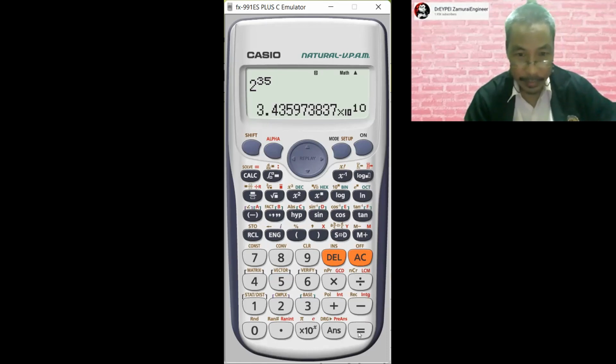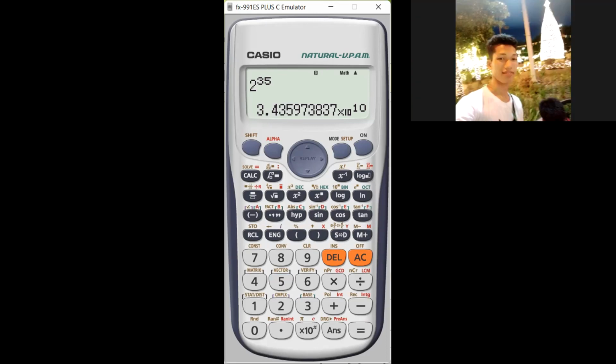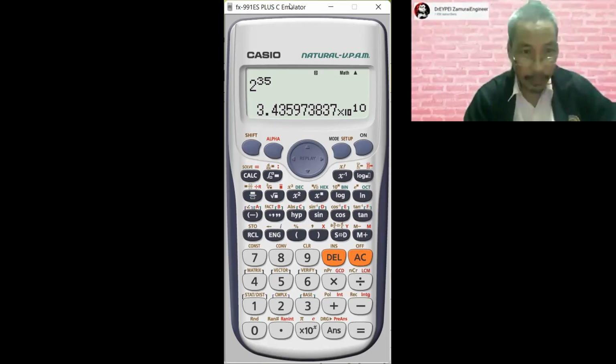That is 3.43597, 3837 times 10. That is the value of 2 to the 35.